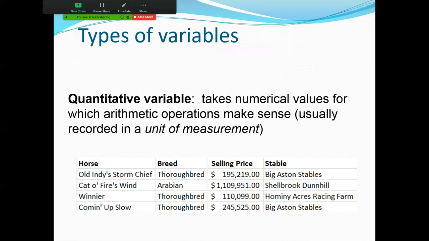Quantitative variables take numerical values for which arithmetic operations make sense, usually recorded in a unit of measurement. So the selling price. You could add the selling prices together and that would make sense.